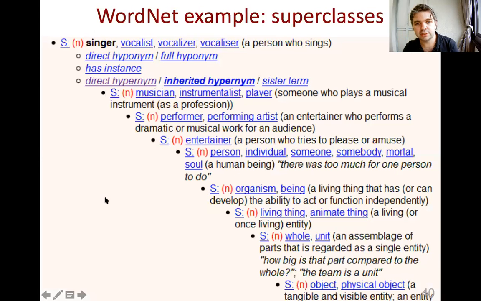So this is a disadvantage, and I guess an implication of the fact that it was built by humans. This is how WordNet might look. So we have a singer, we have direct hyponyms inside, right? I'm sorry again for the background. So he's a singer, musician, instrumentalist. He's also performer, entertainer. He's an organism and a living thing, animate thing, and a whole unit and object.